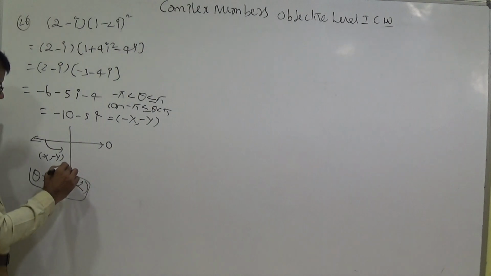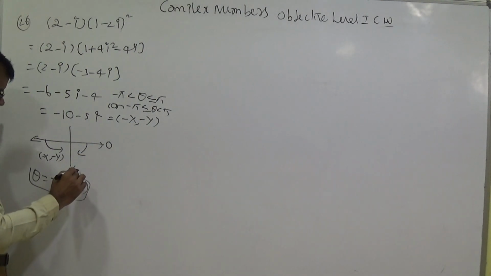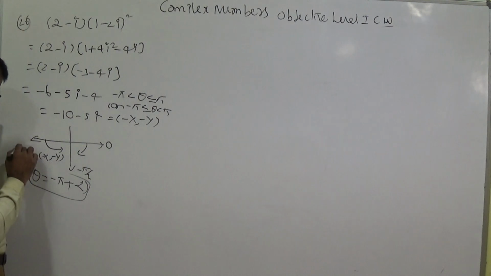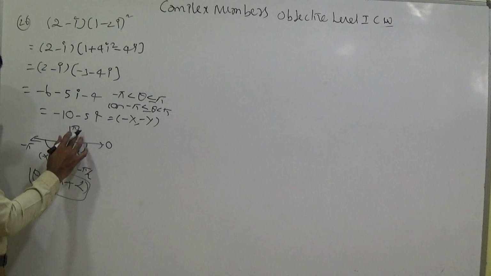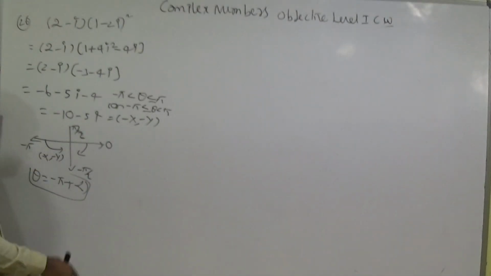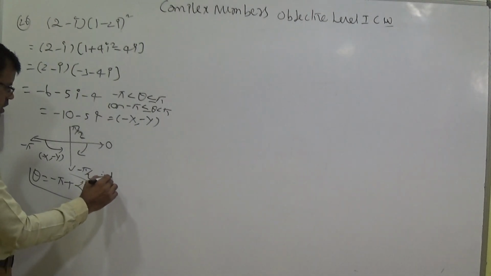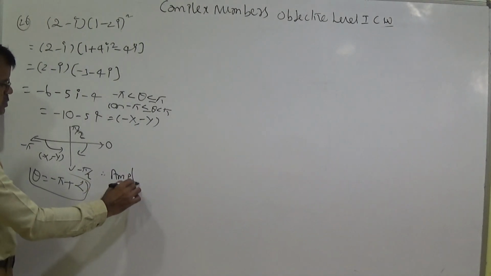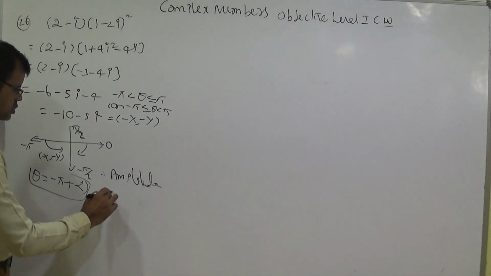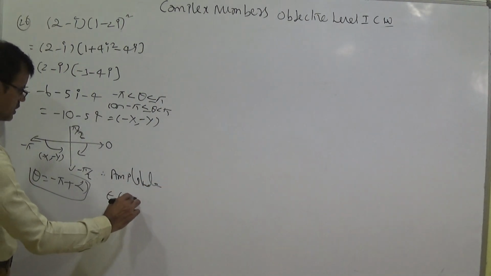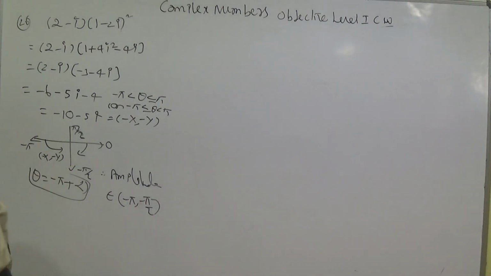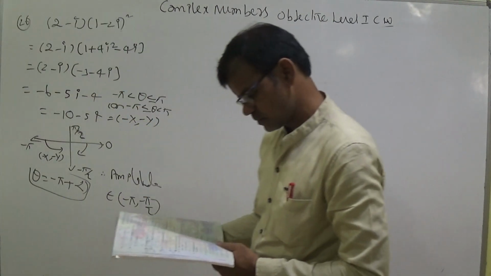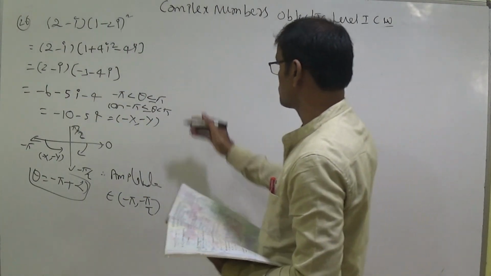On the axes, 0, pi by 2, pi in the positive direction, and minus pi by 2 in the negative direction. So the principal amplitude belongs to minus pi comma minus pi by 2. Yes, third option.